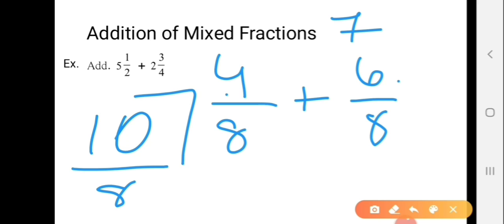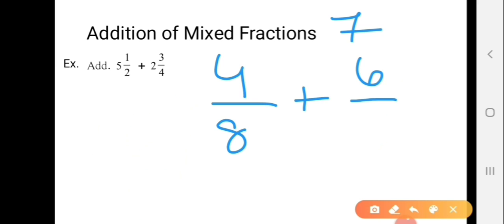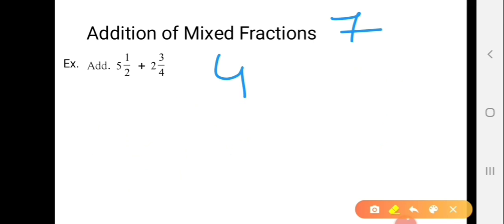But there's a problem: our answer came as an improper fraction, and there's a rule in mixed fractions that the fractional part is always a proper fraction. So we can't use this method. Now we have to do the other method, in which we convert both the mixed fractions into improper fractions. First let's do that, and I will tell you the next steps.